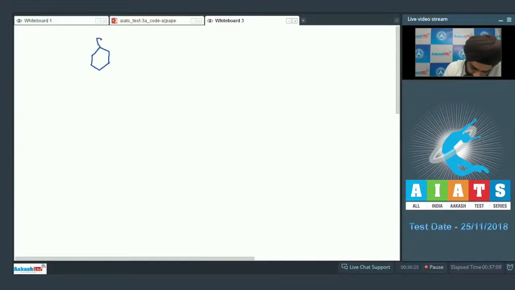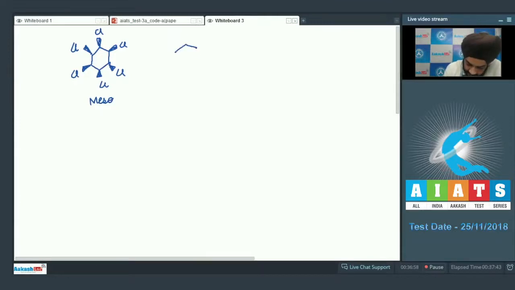So we can have all the chlorine atoms coming out of the paper towards us. So this is a meso compound. It has a plane of symmetry passing through any two Cls. So it is going to have a sigma.